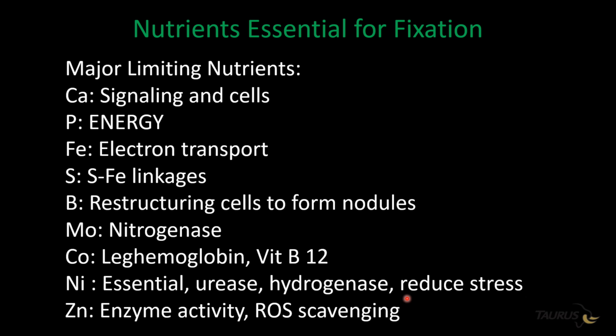And it's now known to be involved in reducing stress in plants as a whole and in the nitrogen fixation process. It also has zinc in it, and zinc is used in enzyme activity of all kinds. It's key to all enzymes. It's in all the enzyme groups, and it's involved in reactive oxygen species scavenging. So those are the key nutrients.